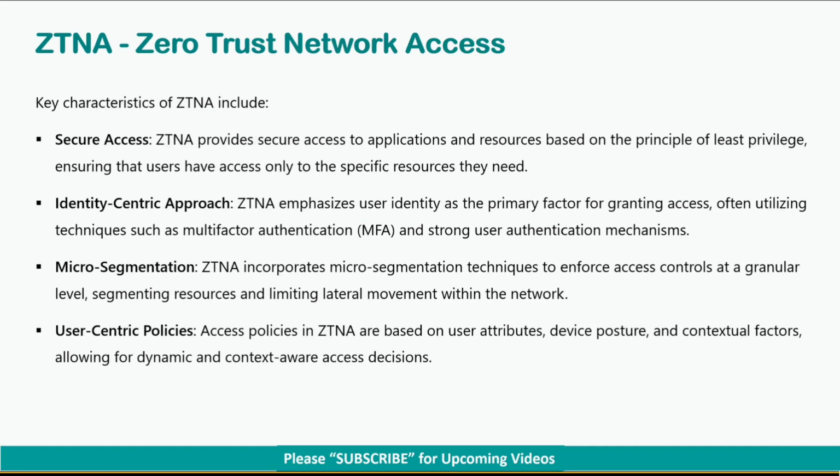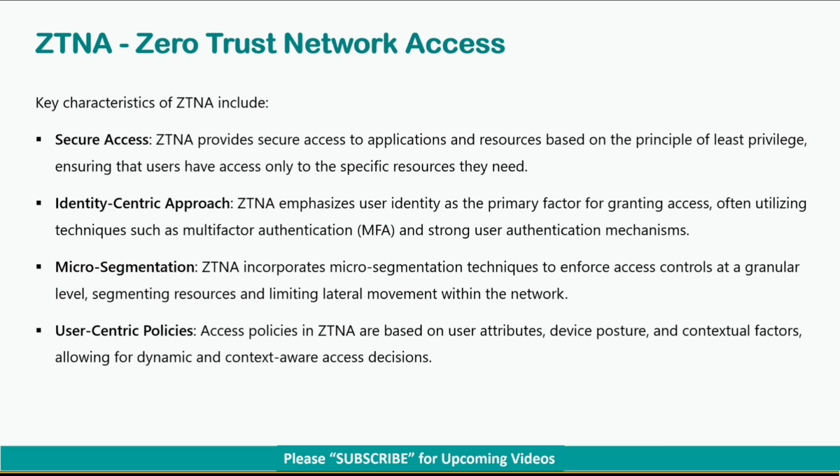Moving on. The key characteristics of ZTNA include secure access. ZTNA provides secure access to applications and resources based on the principle of least privilege, ensuring that users have access only to the specific resources they need. It provides an identity-centric approach. ZTNA emphasizes user identity as the primary factor for granting access, often utilizing techniques such as multi-factor authentication and strong user authentication mechanisms.